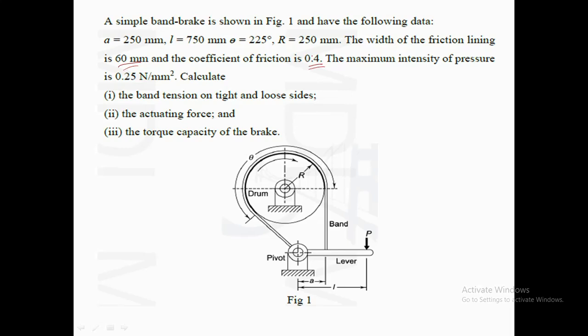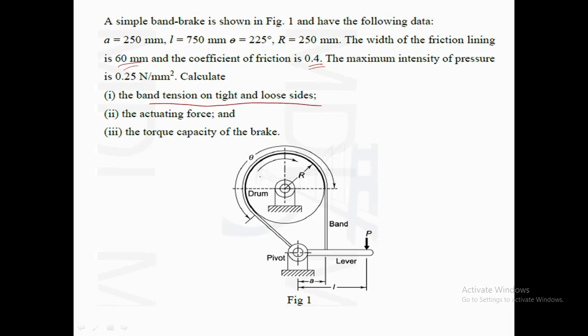Calculate the band tensions on tight side and loose side, actuating force, the torque and the torque capacity of the brake. Here the figure and the dimensions are given, also the radius and the angle. We are told to calculate the band tension on tight side and loose side.